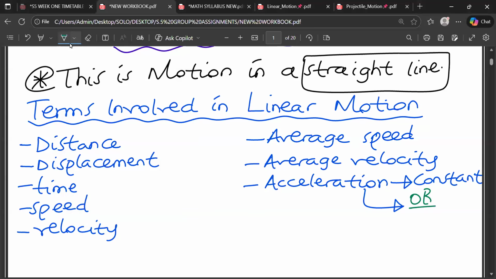Sometimes people don't use uniform acceleration, they use constant. One word is older, the other is modern.